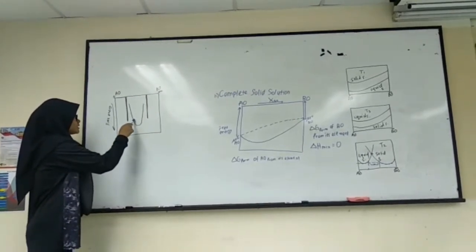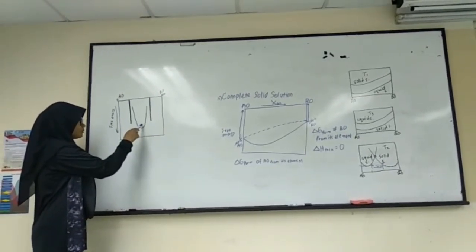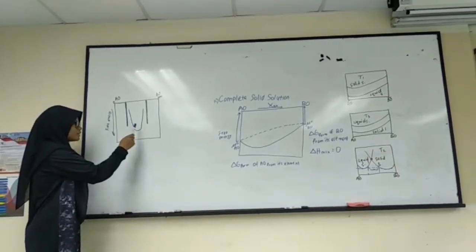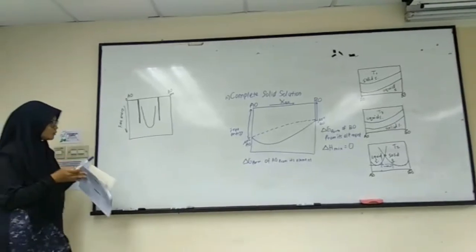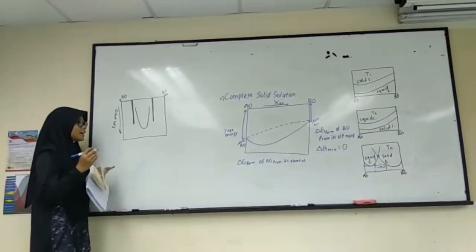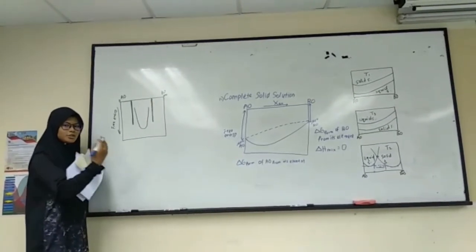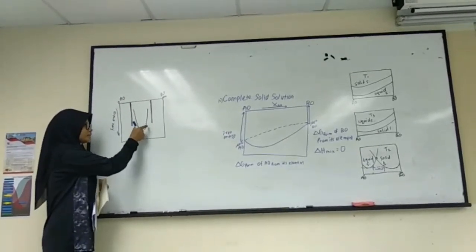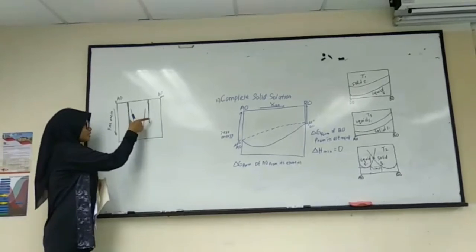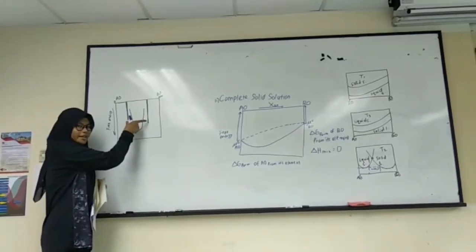And this is a non-stoichiometric compound. It is assumed that the non-stoichiometric compound only exists between the stoichiometric compounds, so it is usually here in the middle of the stoichiometric line.